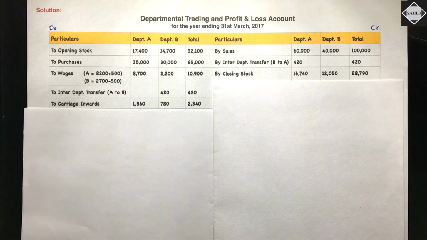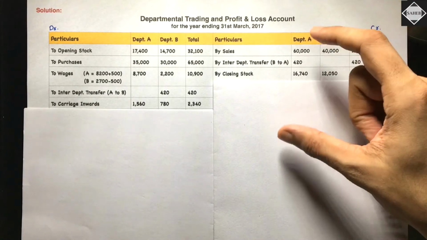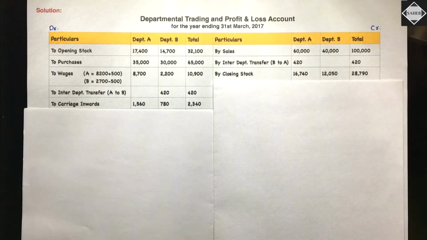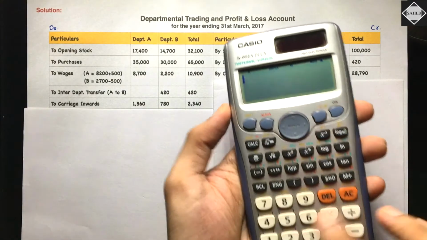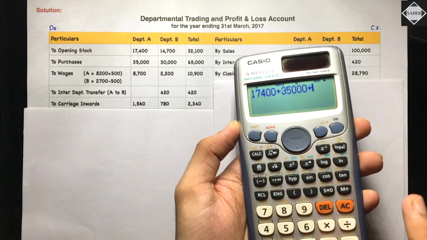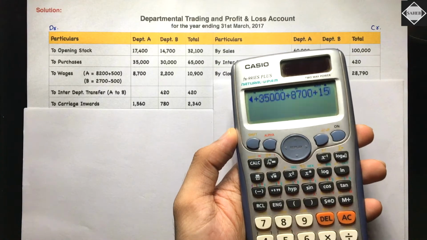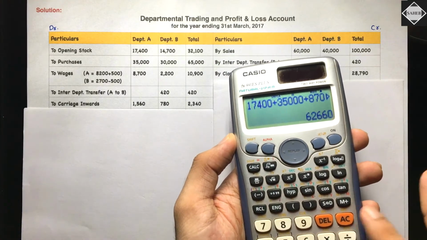Okay, everything about the trading account is done. Now we have to just find out individually which side of department is bigger or heavier. Is that clear? Yes. So here what is happening is, if we just make a sum of this, see here, 17,400 plus 35,000 plus 8,700, yeah, department A I'm doing, plus 1560, it's equal to 62,660.